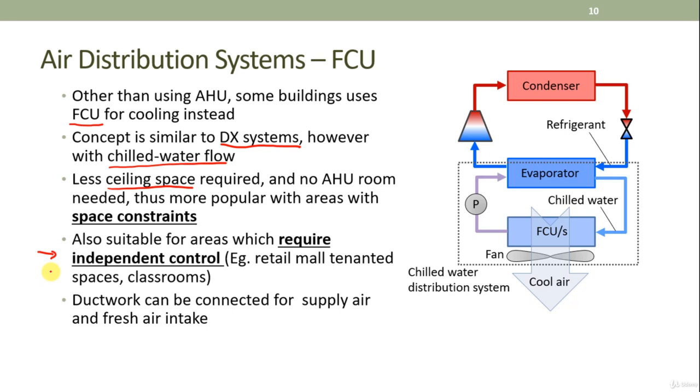So manually switching on and off is suitable for fan coil unit and not air handling unit. Air handling unit shouldn't be adjusted by the users. Only fan coil unit, you can let the users decide whether to switch it on or off. Ductwork can also be connected for supply air and fresh air intake if necessary.